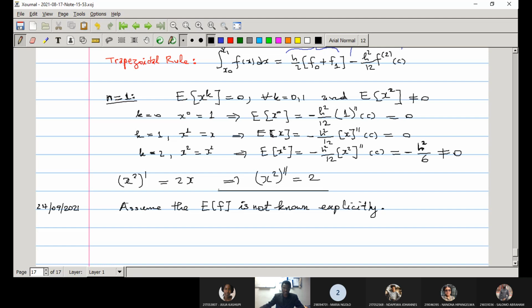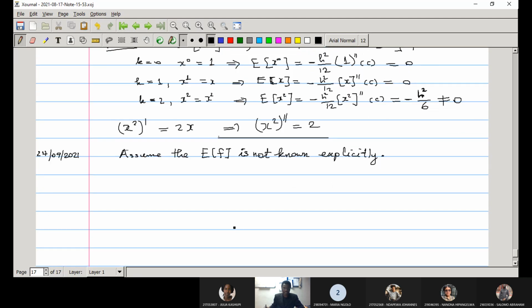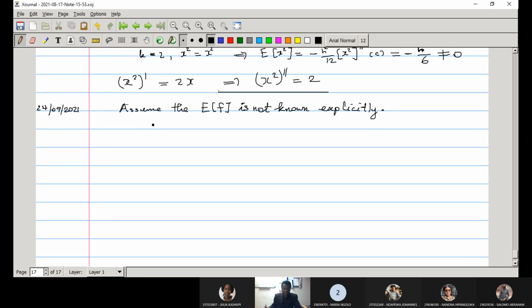If it's not known explicitly, we can always write it as the integral minus the quadrature formula.